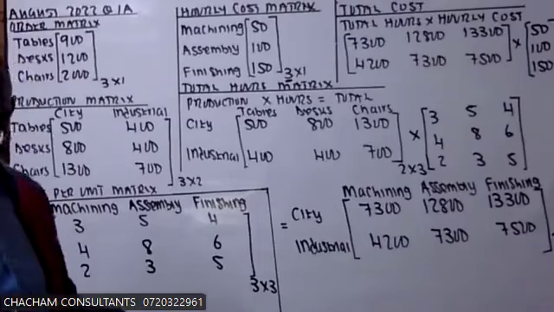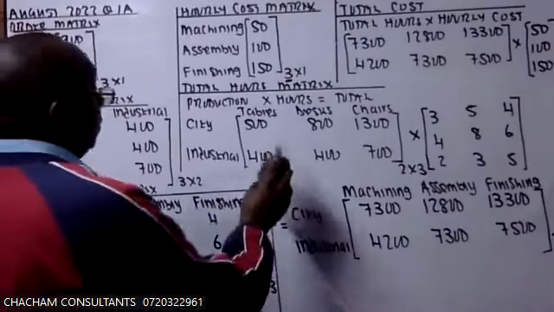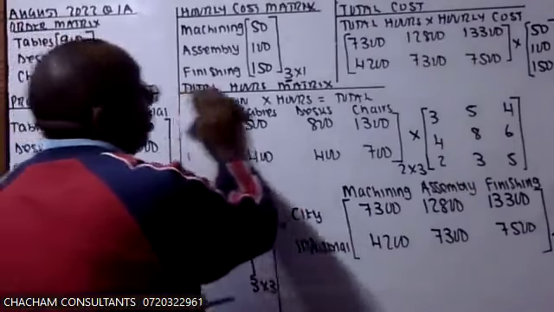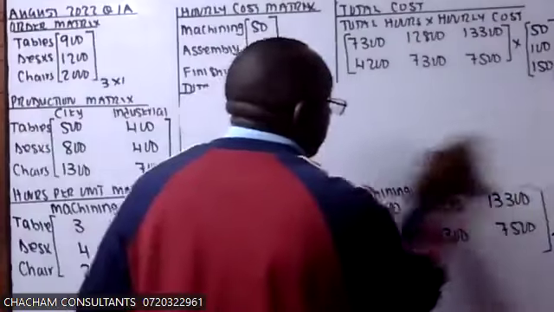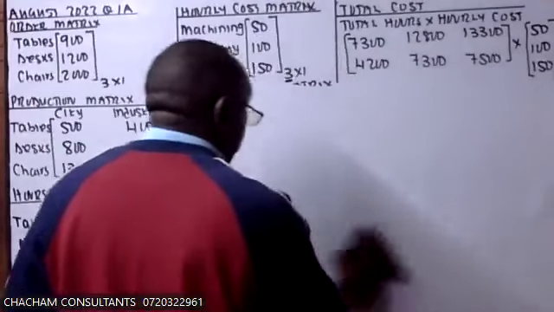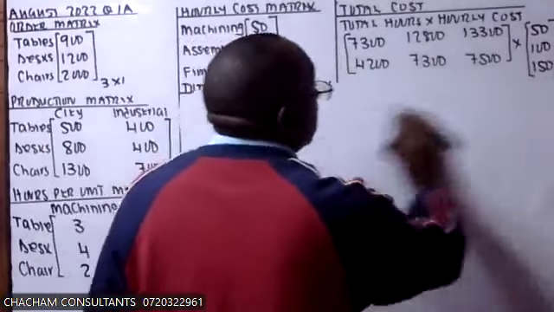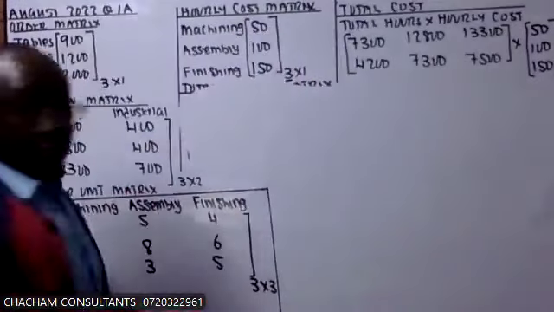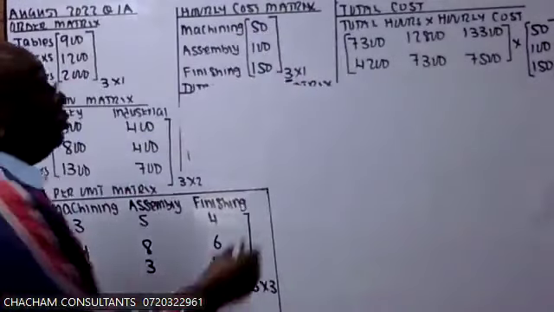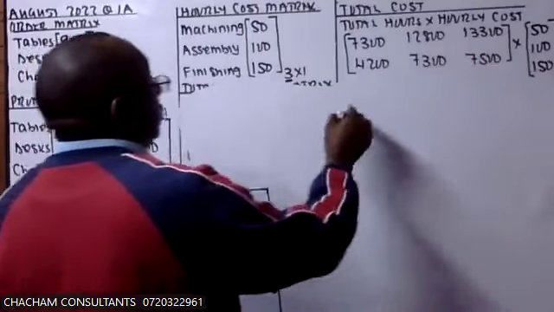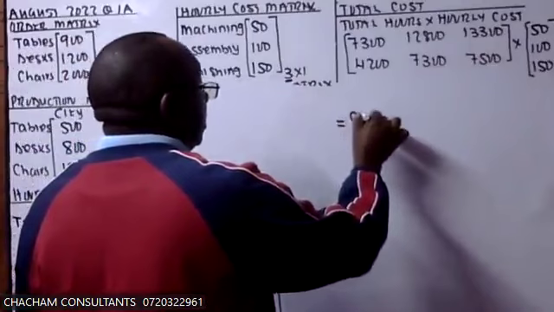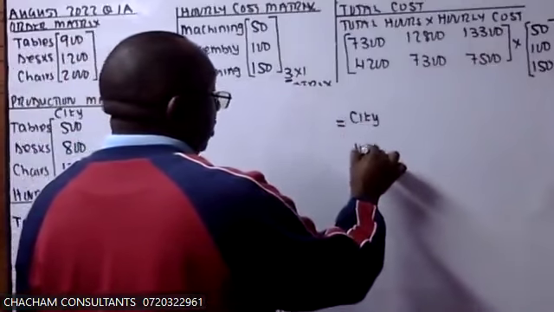So when we multiply, when we seek to multiply, this will become the first matrix. This was the city, and this was industrial.